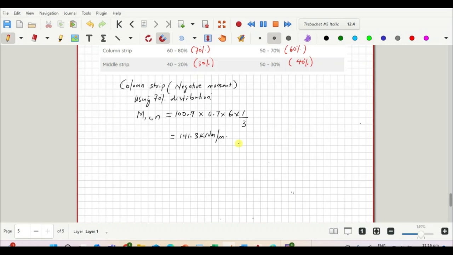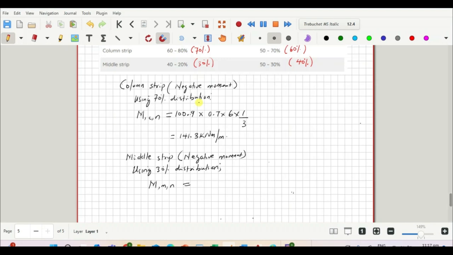So let us go ahead and do the middle strip. Again, we are considering the negative moment. We are using 30% distribution. So again, using the yield line theory, we'll compute the moment, so let's call that moment MMN.